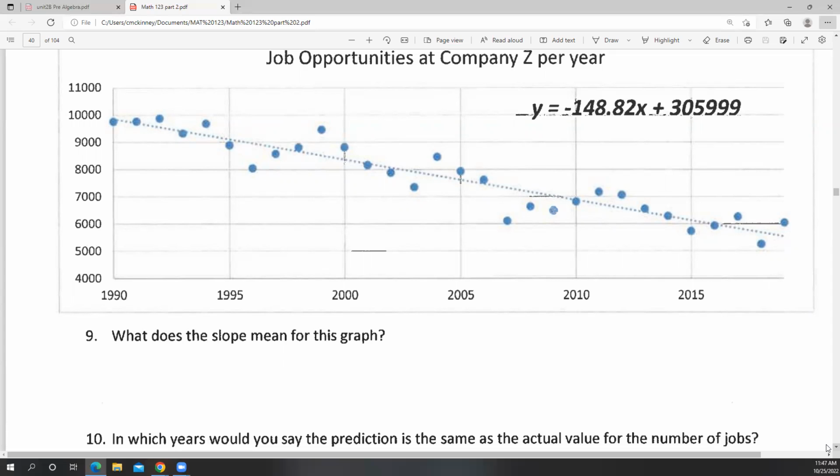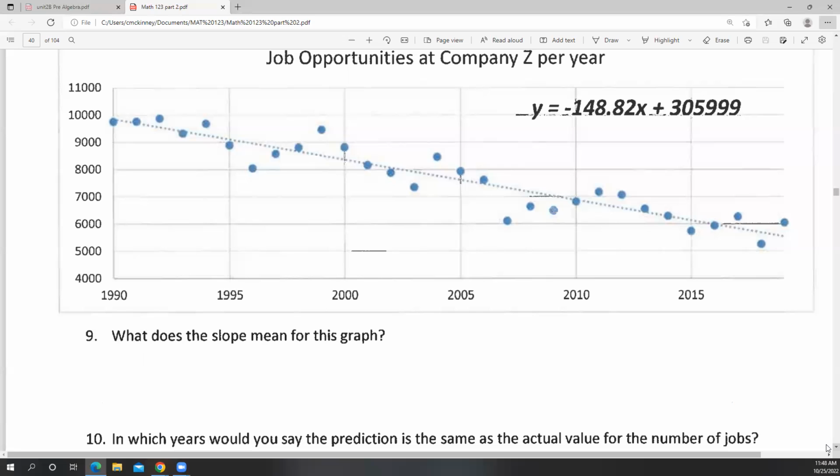Very good. So she said every year there are about 149 fewer job opportunities at company Z. So notice, if it's talking about slope, you're using this number in front of the X. And these are years, so that's why we can say for every year.